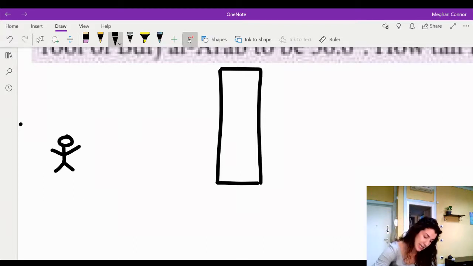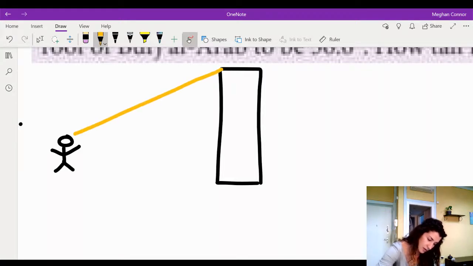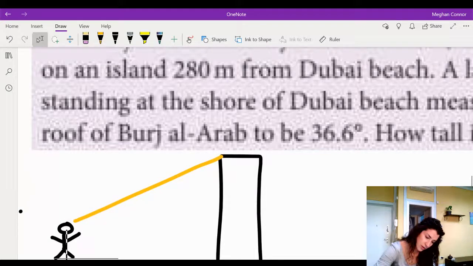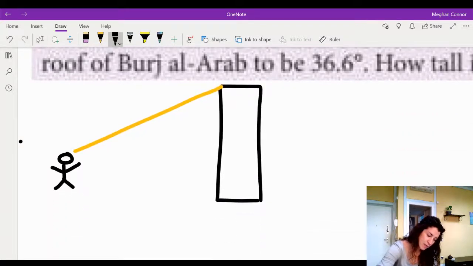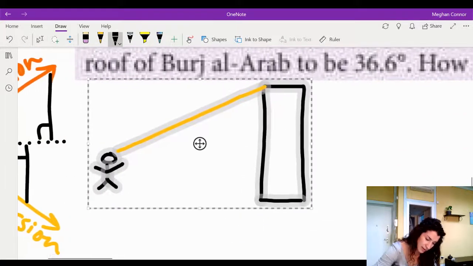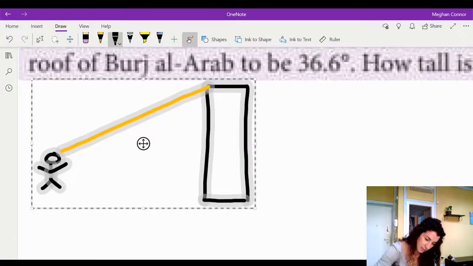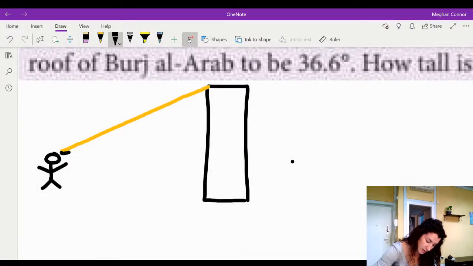And it says that it has an angle of elevation of 36.6. Remember that your angle of elevation is built from the horizontal line.